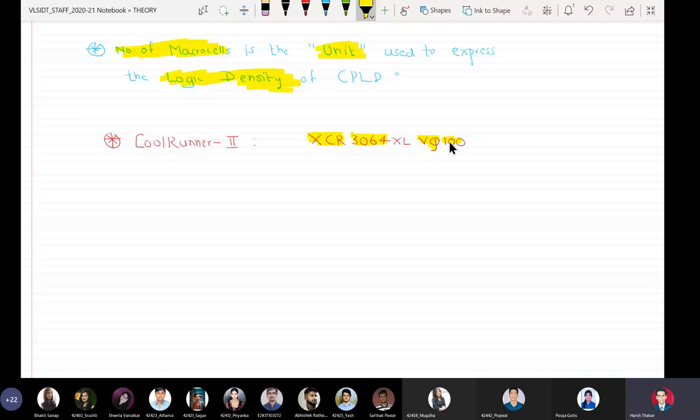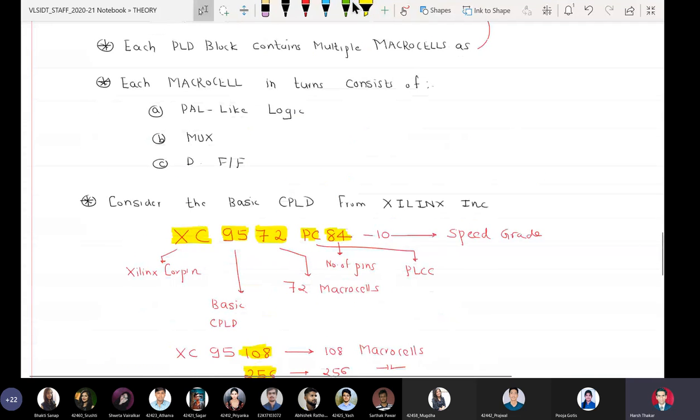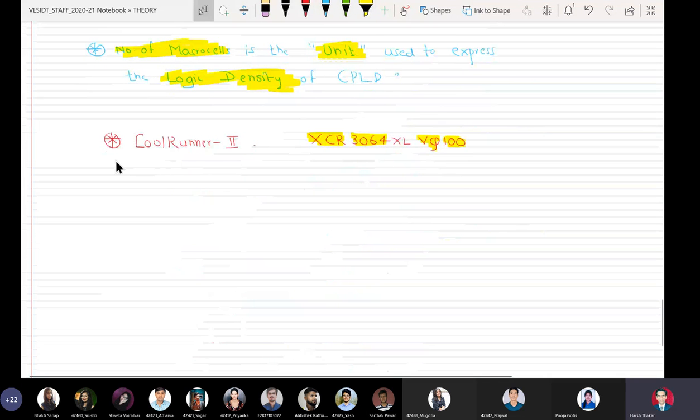VQ is the package, 100 is the number of pins. This is from Xilinx, and this is also from Xilinx.